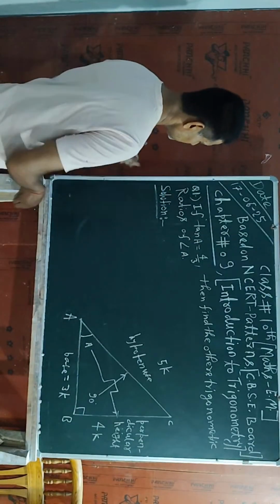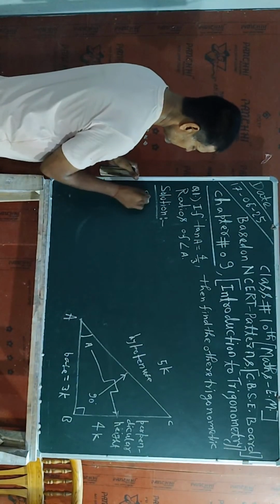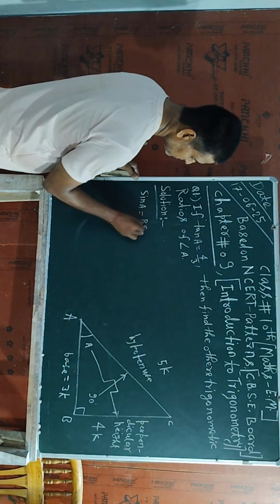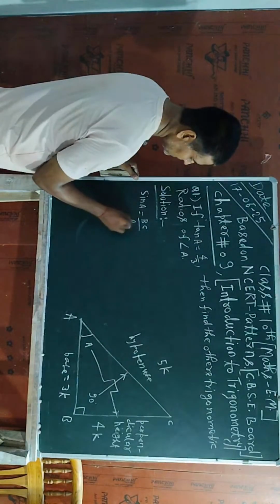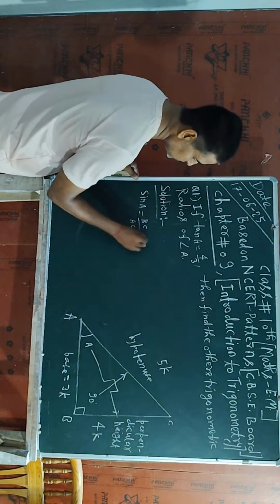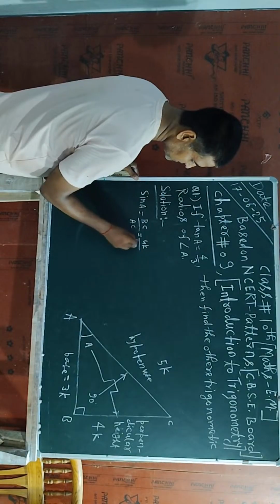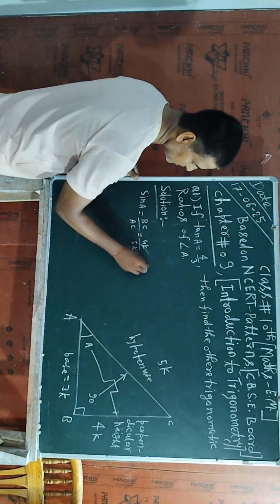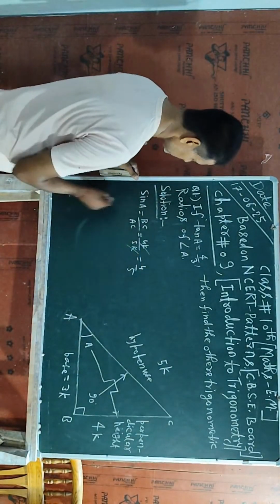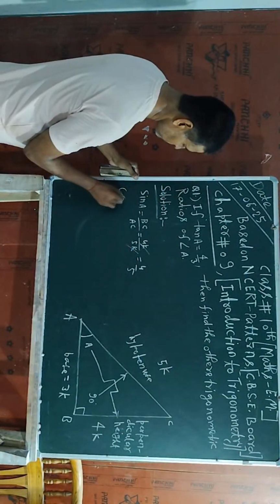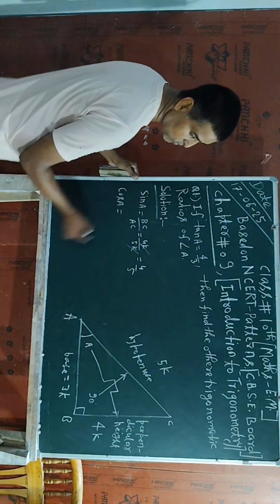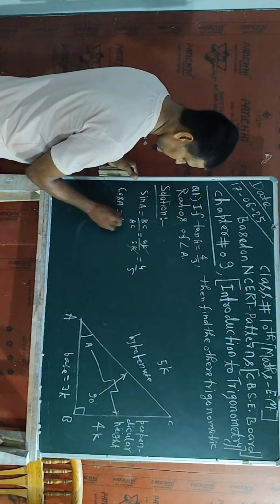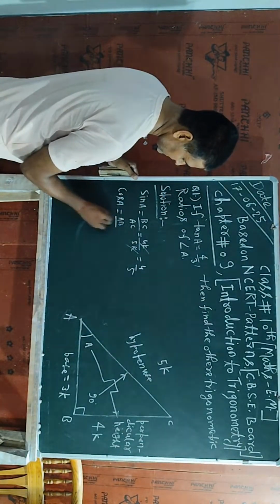We will write sin A, which is equal to BC divided by AC. BC means 4K divided by AC, 5K. K will cancel out. I will write 4 divided by 5. Similarly, I will write cos A. Cos A is equal to AB divided by AC.